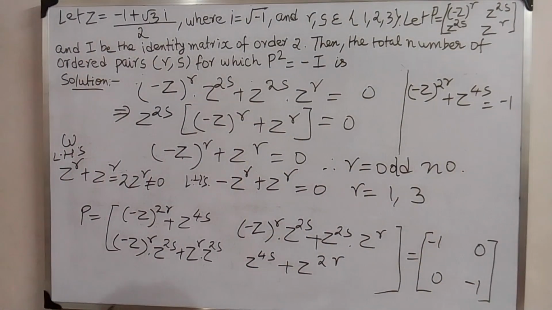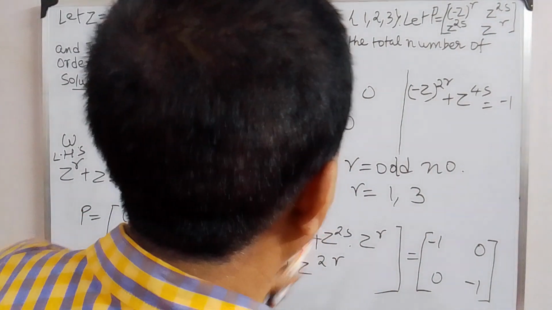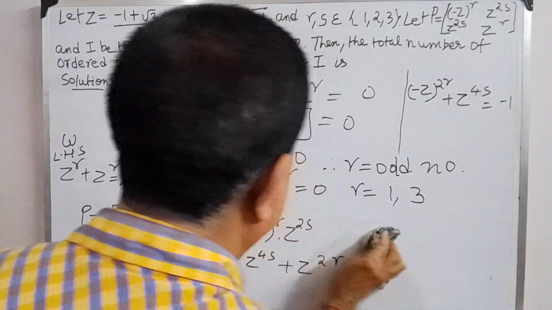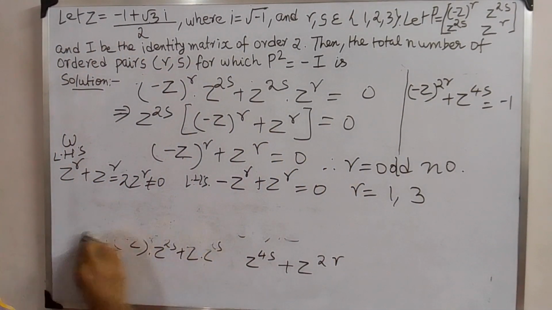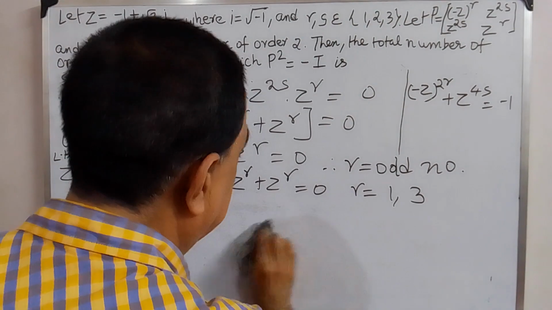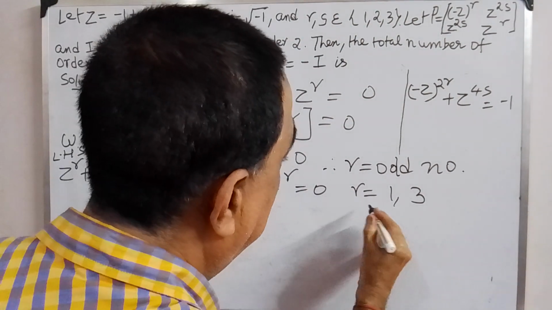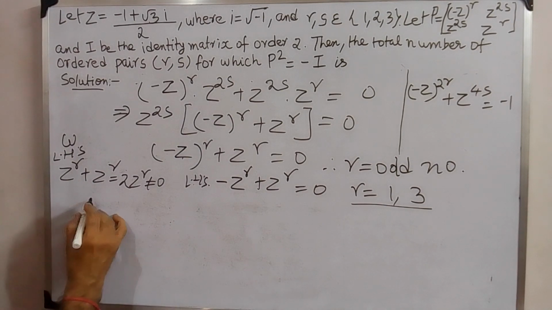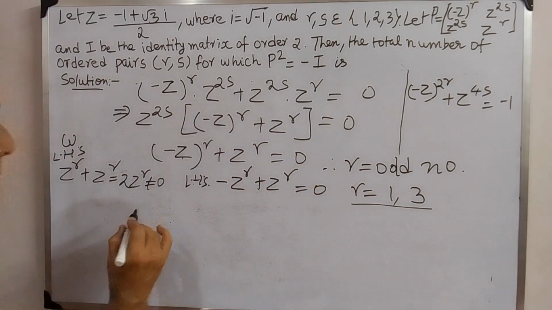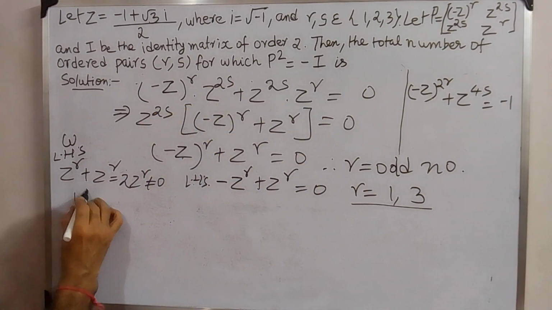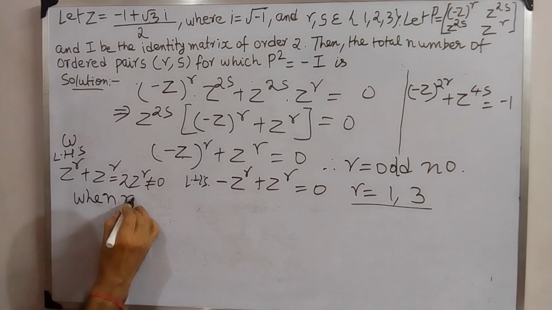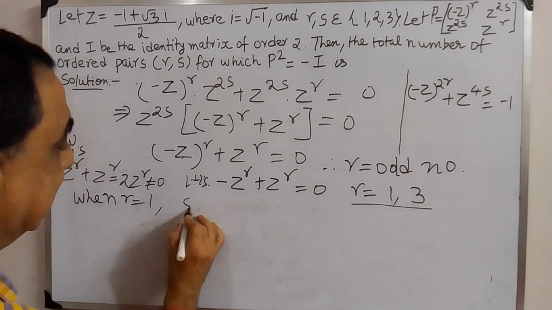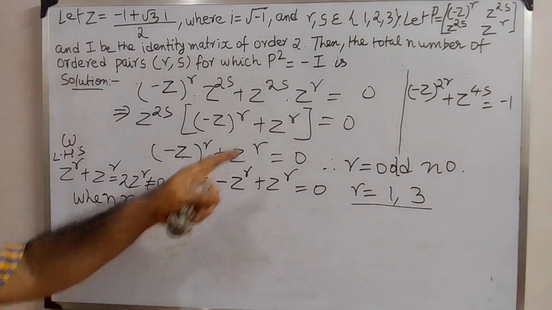Now we will check the possibilities of s. The r value we have got is odd, that is either 1 or 3. Now we are taking different cases. When r equals 1, we take s equals 1.